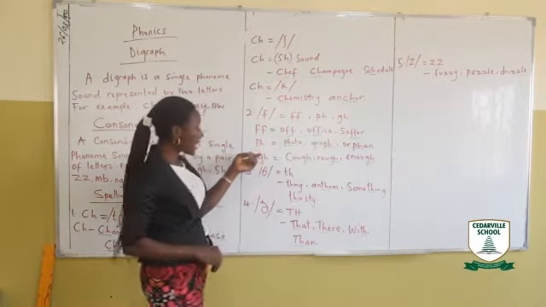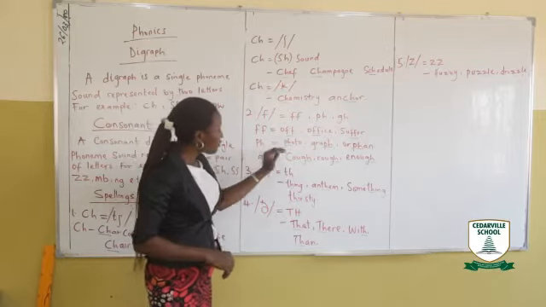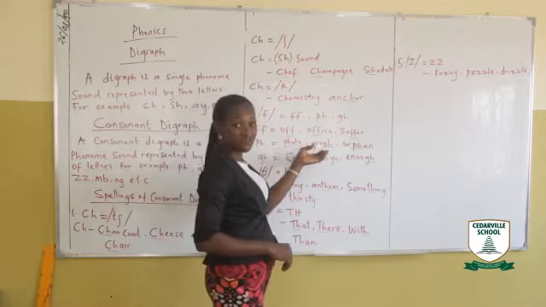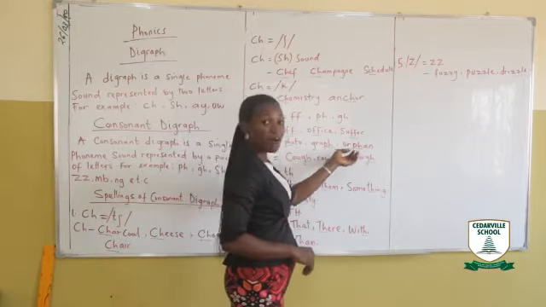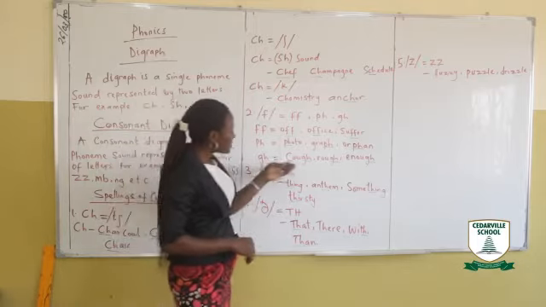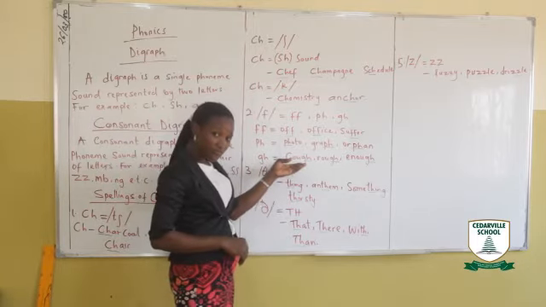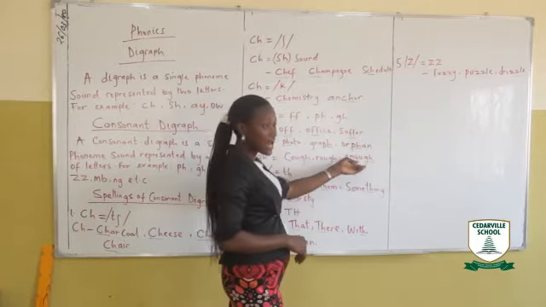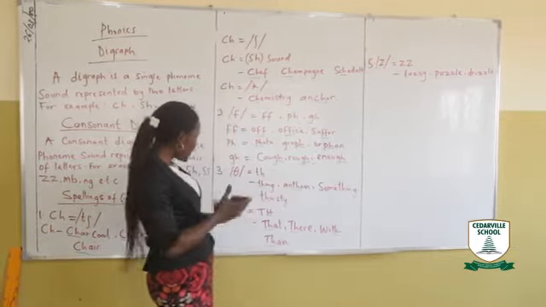And we have the PH: photo, graph, often. And we have the GH digraph: cough, rough, enough.